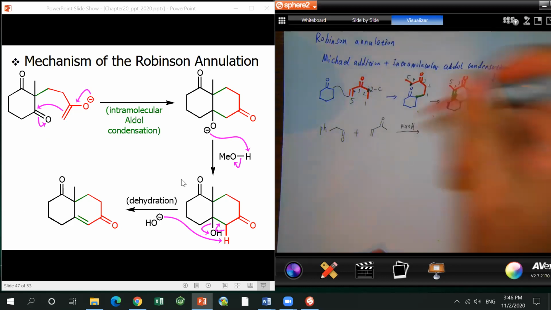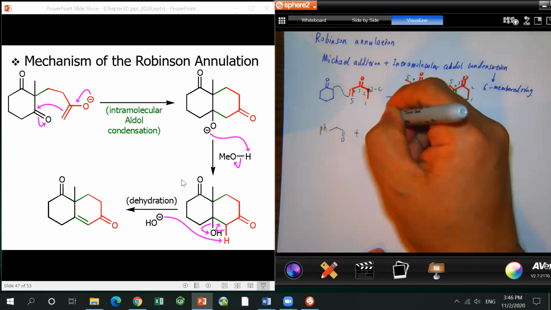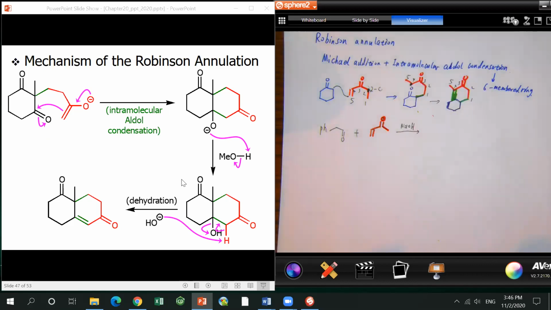Probably I will still use the colored pen. For Robinson annulation, the first step, okay, is the Michael addition.